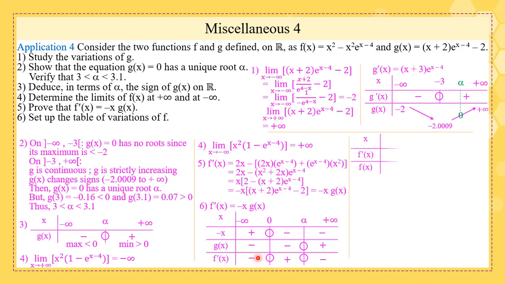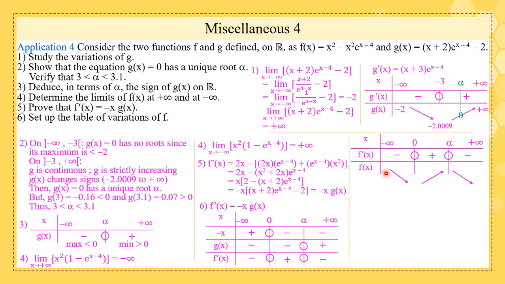Now we continue drawing the table of variations of f. x varies from minus infinity to plus infinity. We have two values, which are 0 and alpha. We take them from this table. Now this is 0, this is another 0. We have minus, plus, minus. Minus means that the function decreases, then it increases, then it decreases.